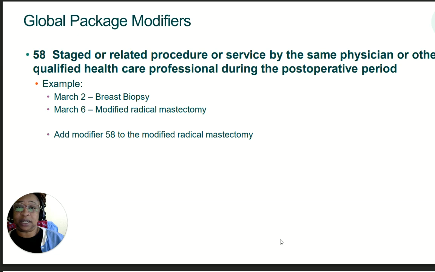When the mastectomy was done, we have to indicate that it was done possibly by confirmation of cancer in the breast. So the mastectomy was done within the global period of the biopsy. Because it was related to the breast biopsy, the reason for the mastectomy, it's related. So we're going to add that 58 modifier to the actual mastectomy because of the breast biopsy. Hope you're getting this.